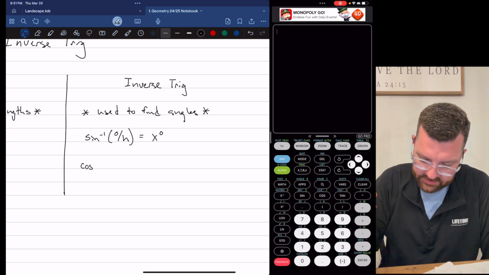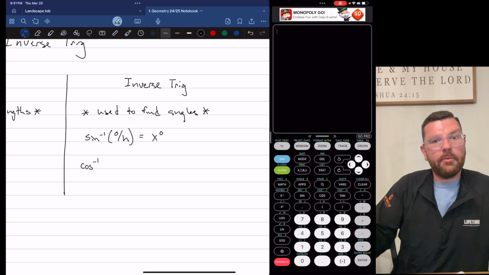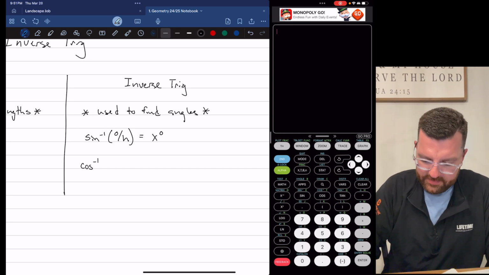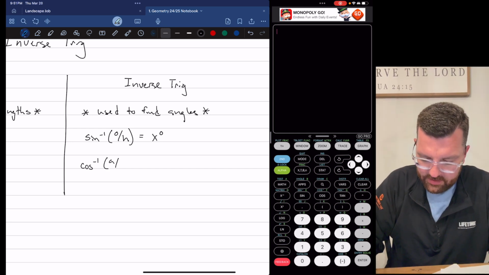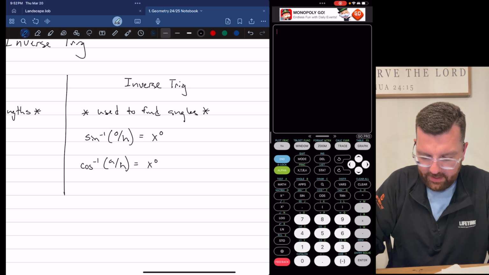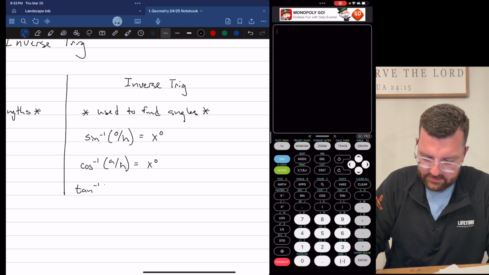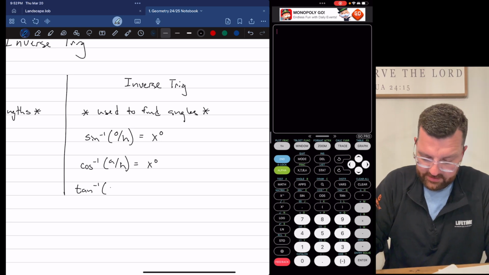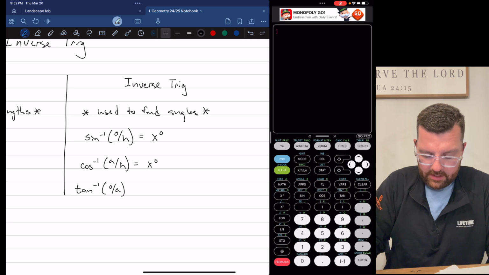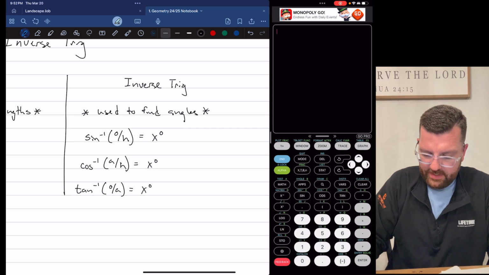That would work for cosine to the power of -1, or -1 in the exponent position. The same ratio, adjacent over hypotenuse, is equal to the angle. Or tangent inverse, opposite over adjacent is equal to the angle.